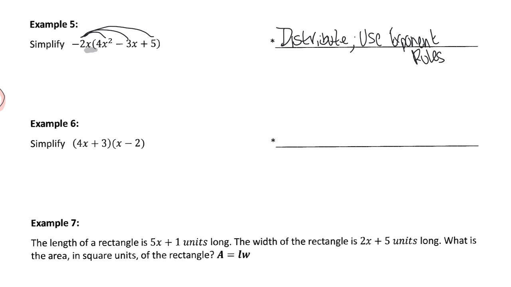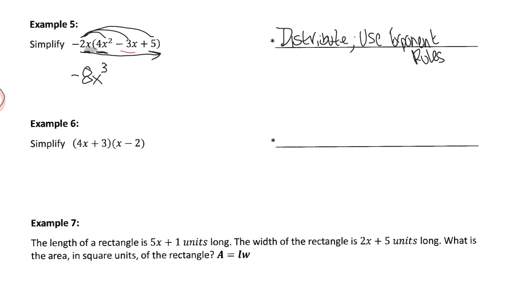And when we do that, when we get 2x times 4x squared, we should get negative 8x to the third. Remember our exponent rules. If we multiply straight across, that means we add our exponents.